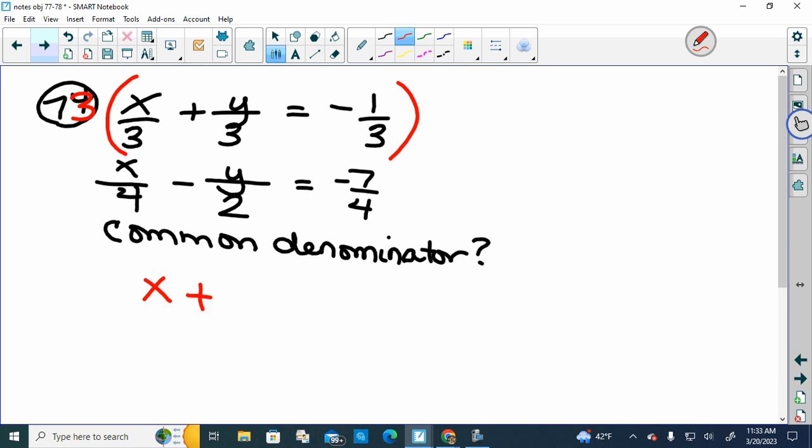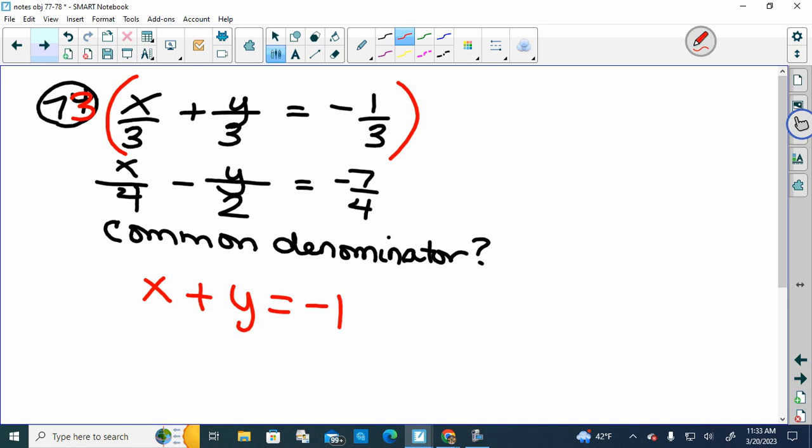What's the next one? Y. What's the last one? Negative. So 3 goes into 3 1 time, 1 times x is 1x. 3 goes into 3 1 time, that is y. 3 goes into 3 1 time, 1 times -1 is -1. So now I got rid of the fraction.